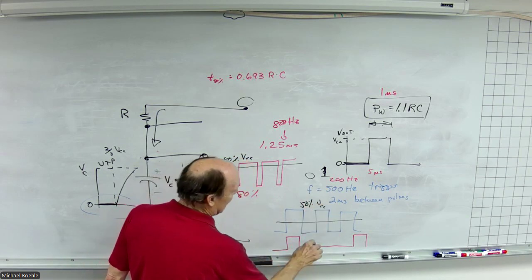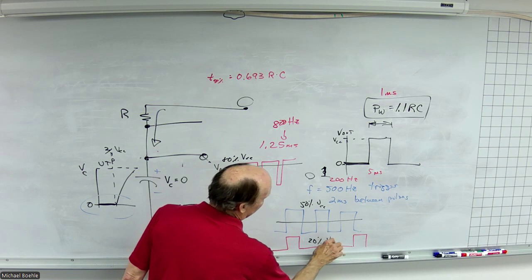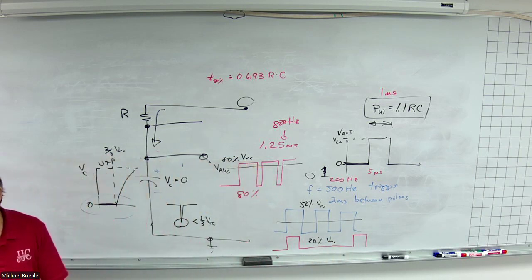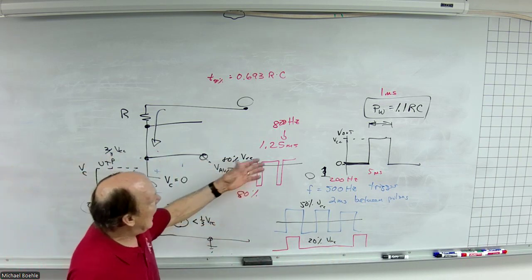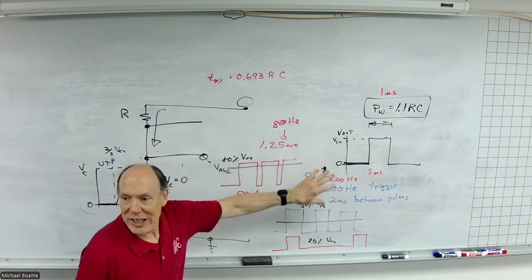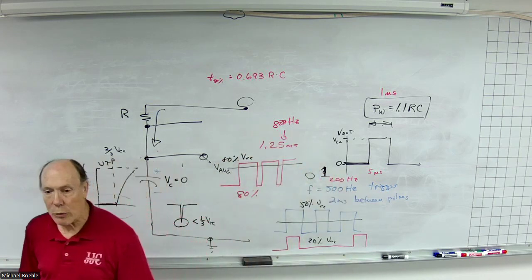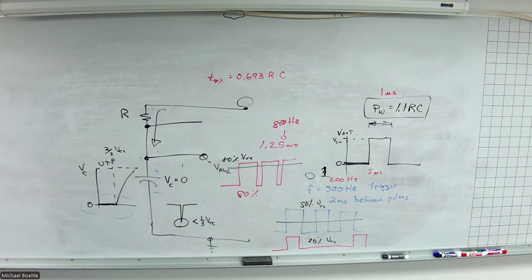Here, 20% of VCC. What I've actually done here is take a variable frequency input and create a voltage out based on that frequency in. So you can do all kinds of things like that. If I were doing that, I'd probably do a little higher frequency and use smaller filter components to get your average out, but that's the basic idea.